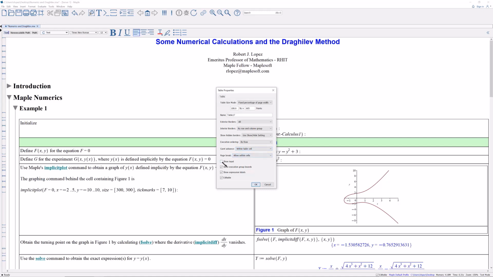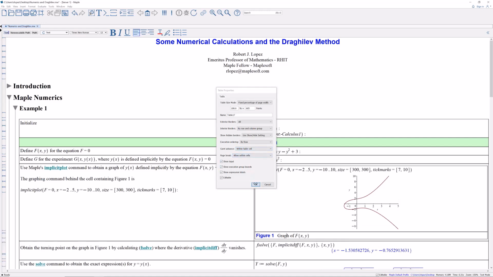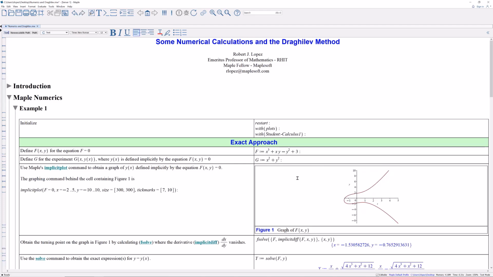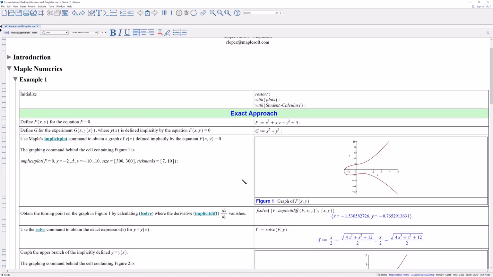And here, check this box, show input, and then you can see there's the command. You execute that command, you get the graph, and then when you hide the material in the cell, or the input in the cell, you get the graph.